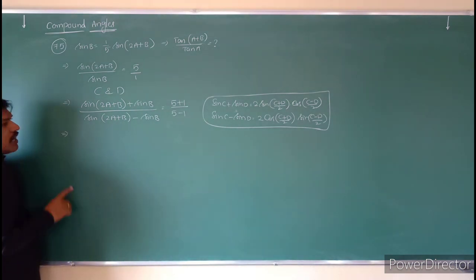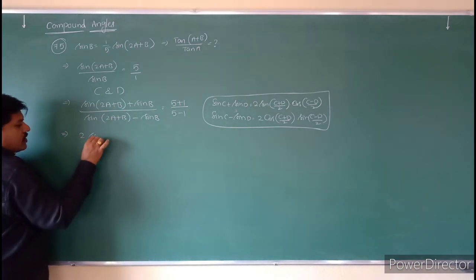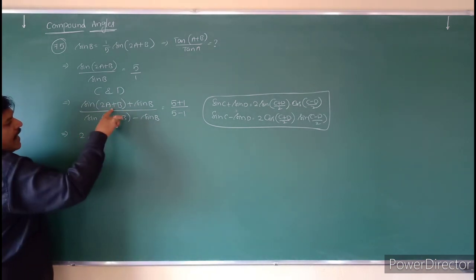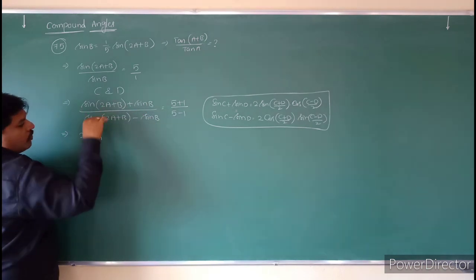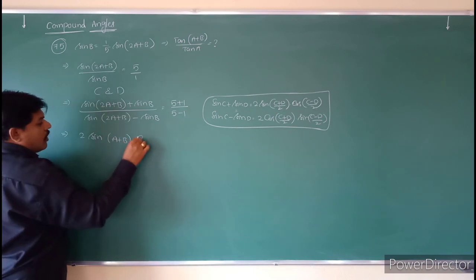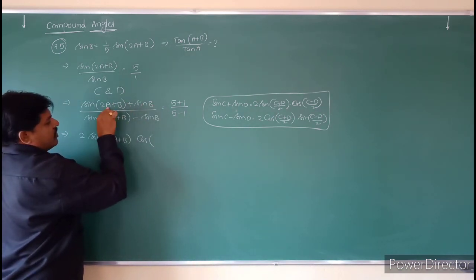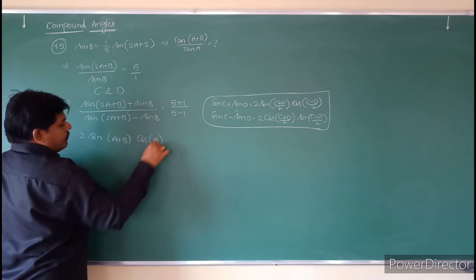So that implies what I will do that one, sin c plus sin d formula is 2 into sine of, add these two, 2a plus 2b by 2 is nothing but a plus b, into cos of this minus this, b and b will be cancelled, 2a by 2 is nothing but a.